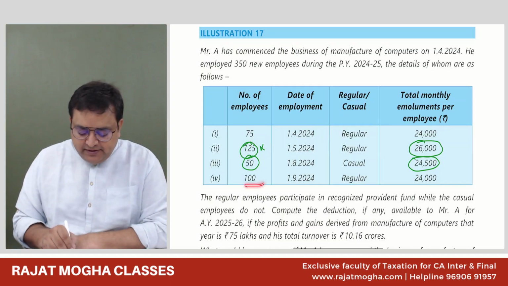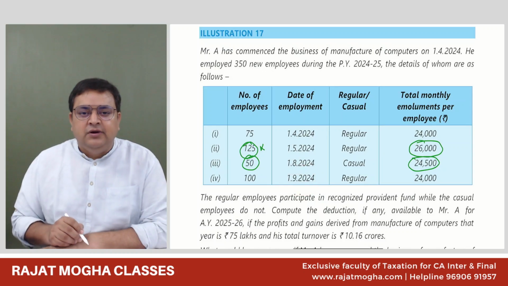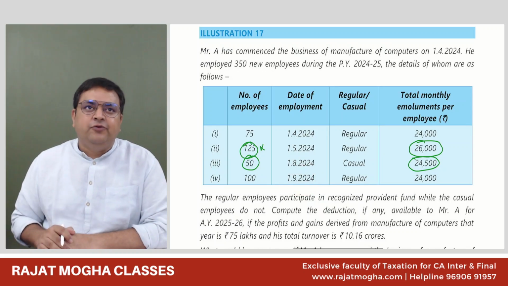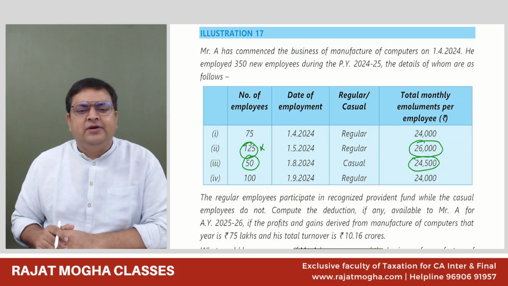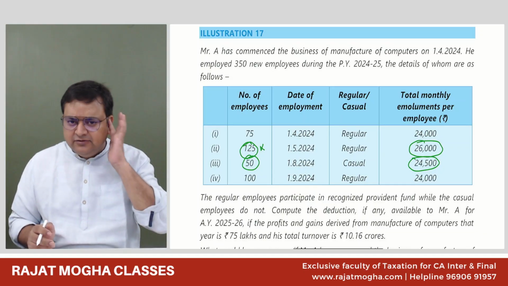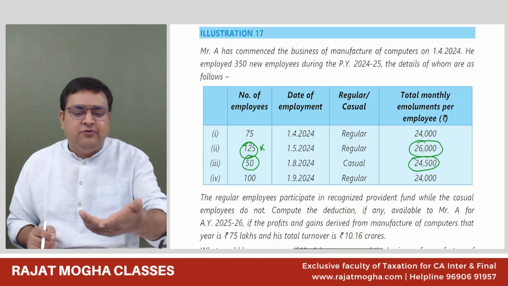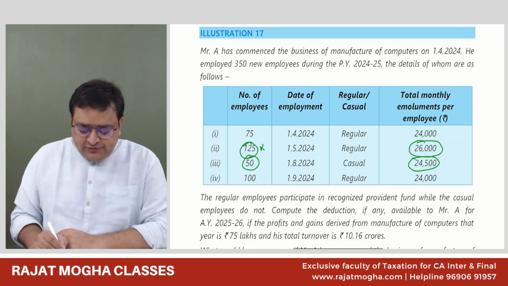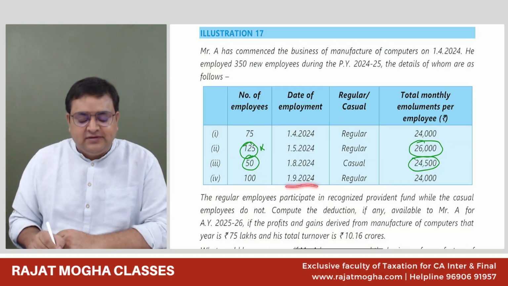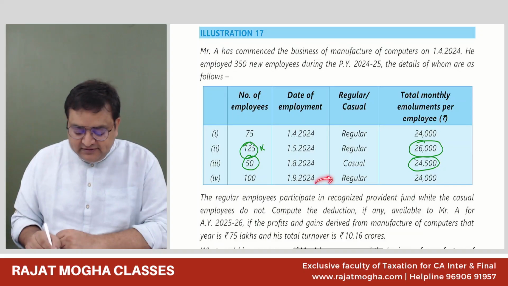But these people joined the organization on 1st September 24. From 1st September 24, it is approximately 7 months, right? I'm not calculating it accurately, just a rough estimation. From September onwards it is just 7 months.